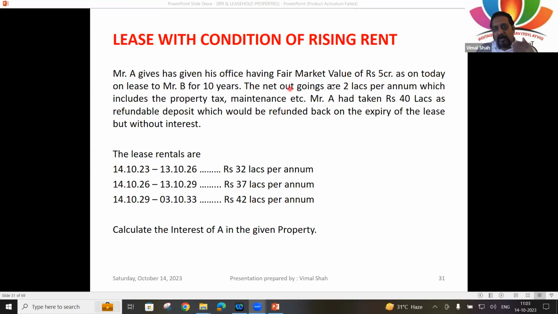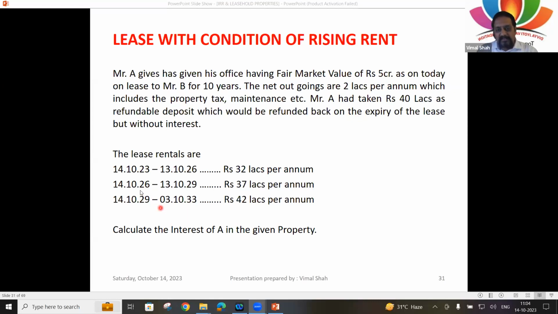The net outgoings are 2 lakhs per annum. Now in this case, we are considering that it will be borne by Mr. A, the lessor, because it's not on repair lease. The net outgoing is 2 lakhs per annum, which includes property tax, maintenance, etc. Mr. A has taken 40 lakhs as refundable deposit, which would be refunded back on the expiry of lease, but without interest.